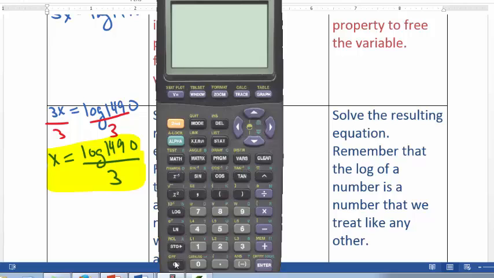If I want to approximate this, I will just do the log of 1490, close the parenthesis, you've got to be careful there, log of 1490 divided by 3, which is 1.0577, depending on how many decimal places you're going to.